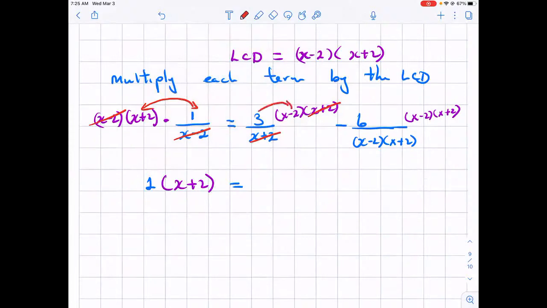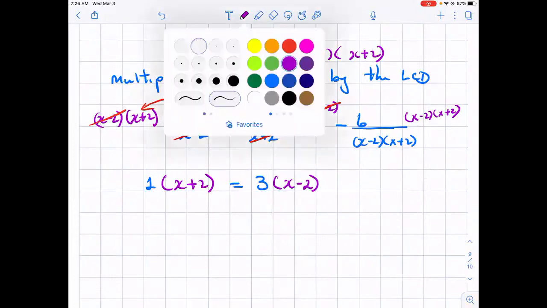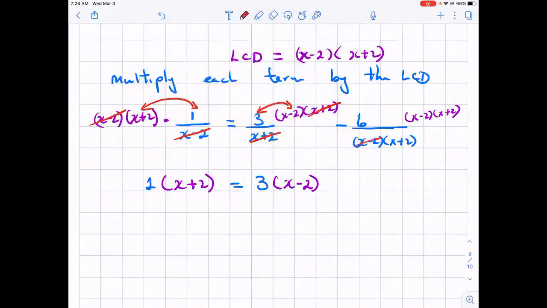So I'm left with 3 times x minus 2. And then in the last term, we have the x minus 2 cancel the x minus 2, the x plus 2 cancel the x plus 2. So all we're left with is minus 6. Okay.